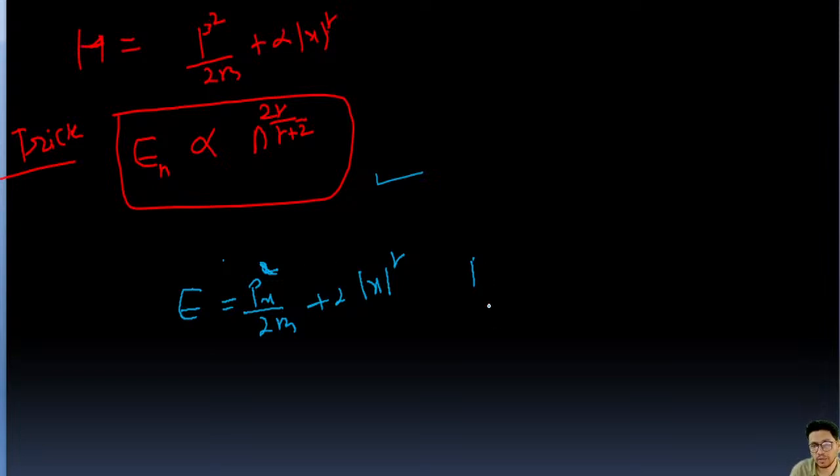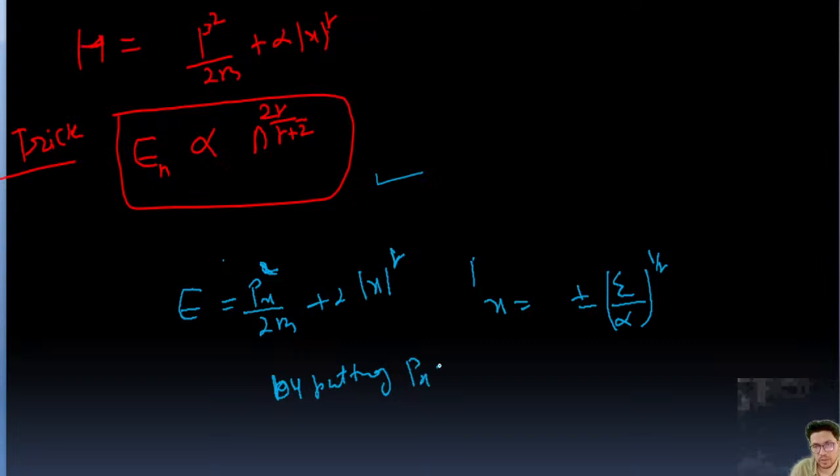Then the value of x is going to be plus minus E upon alpha to the power 1 upon r, okay. We'll find the value of x by putting p_x equal to 0 in this equation.